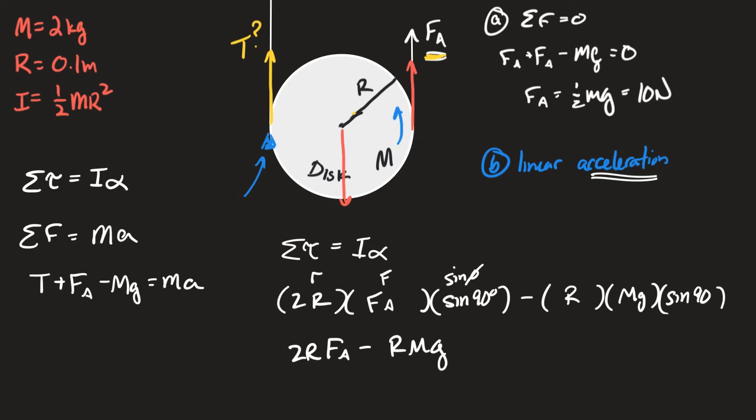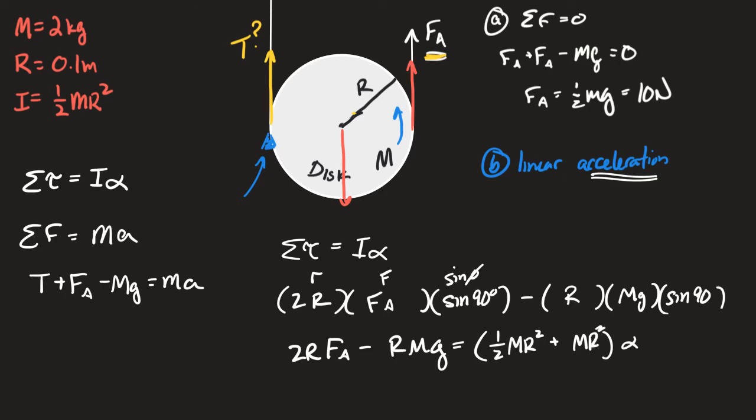We can't use the moment of inertia about the center of mass. We have shifted our pivot point to the edge, so we have to use the parallel axis theorem, which is going to be I center of mass plus how far we've shifted it. Now, this will give you alpha, but be careful.